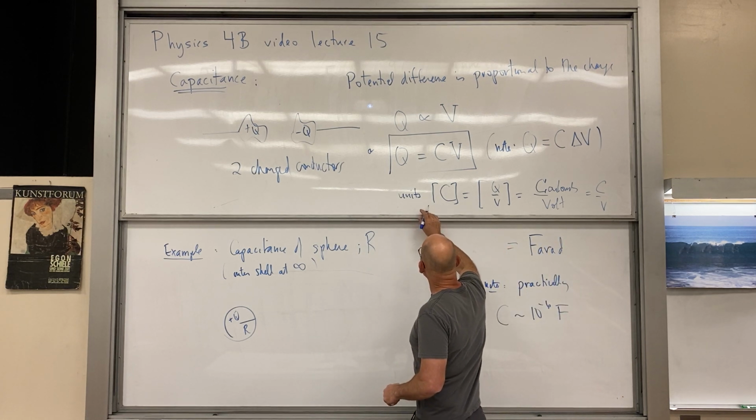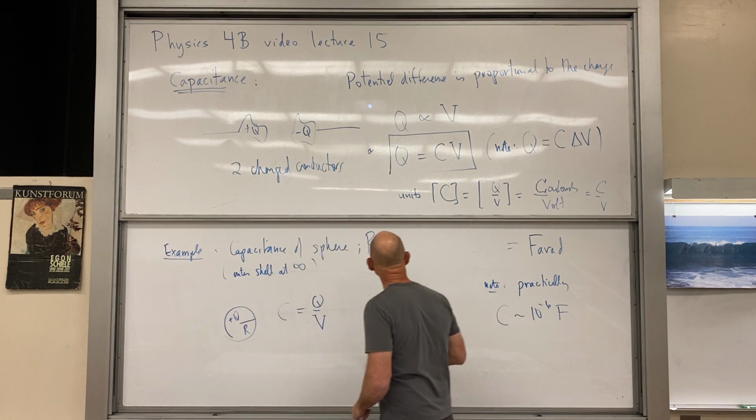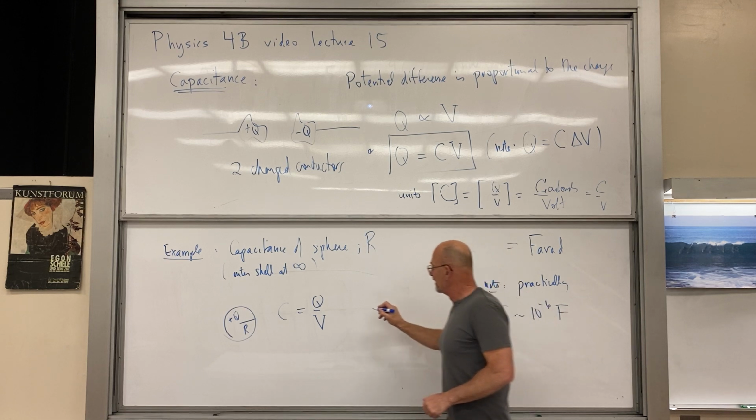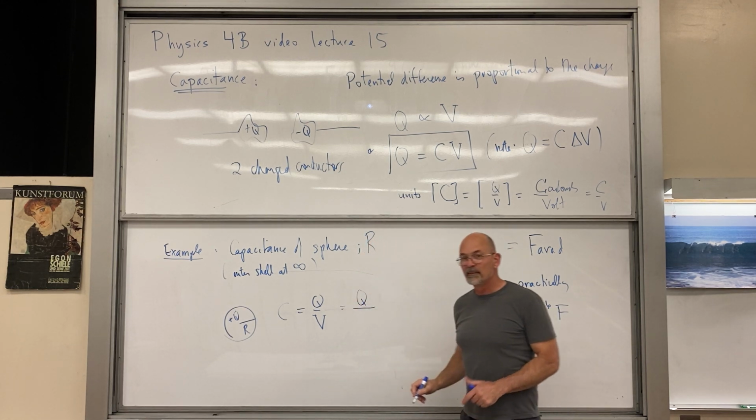And what we have here is the capacitance is Q divided by V. This time we need the expressions. There's the charge on it. What about the potential?